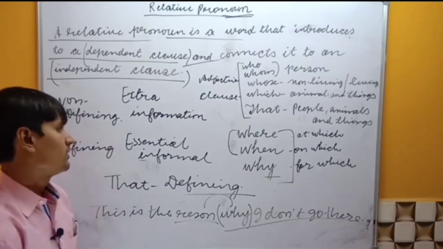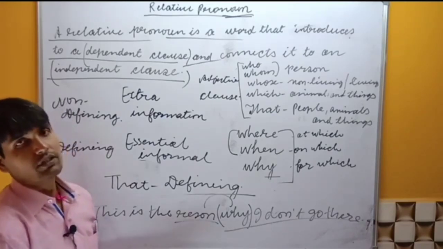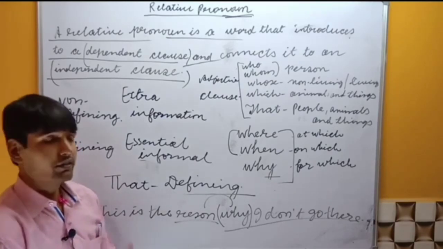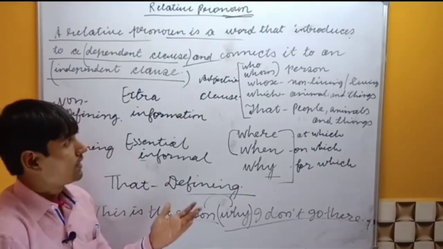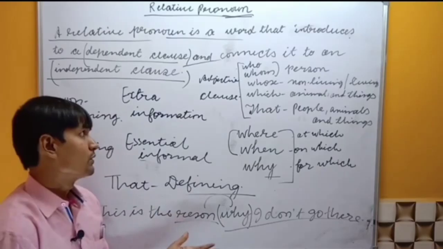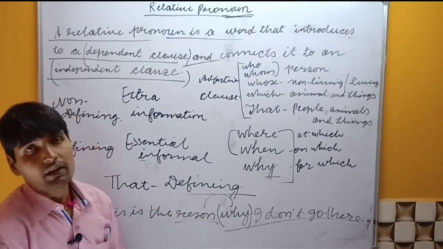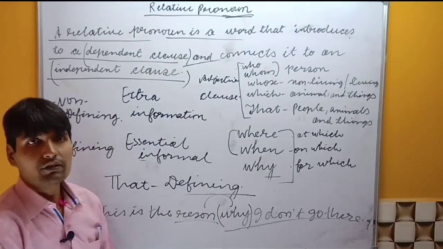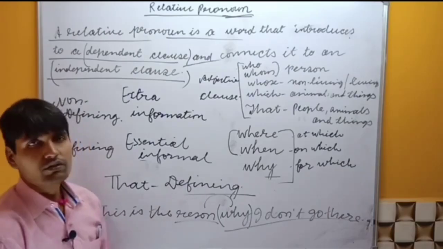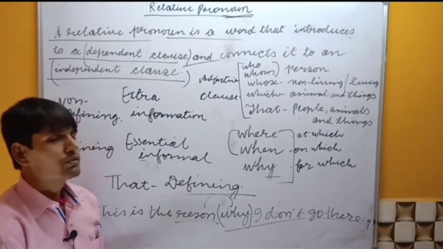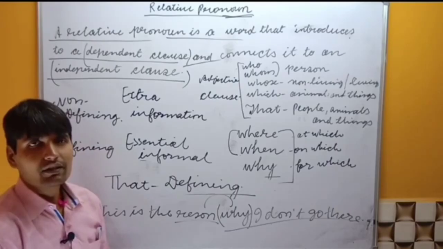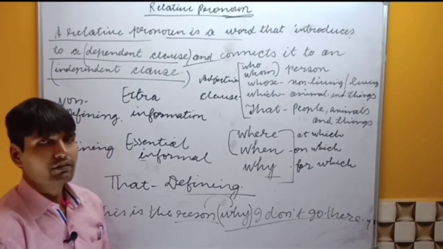So now it's over, what I have explained to you: dependent clause and independent clause, these are the two main things, like defining and non-defining clauses, like where to use who, whom, whose, which, that, where, when, and why. I would explain them in future classes, and tell you where to use them in the correct order, and I would take a few sentences in some other classes.